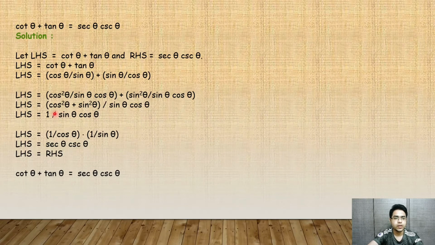So we will be getting 1 upon sine theta into cos theta, as we know the formula of trigonometric identity number 1, sine square theta plus cos square theta is equal to 1. Now in LHS, that will be equal to 1 upon cos theta into 1 upon sine theta. We are separating this term. So 1 upon cos theta is sec theta, and 1 upon sine theta is cosec theta. So LHS is equal to RHS.